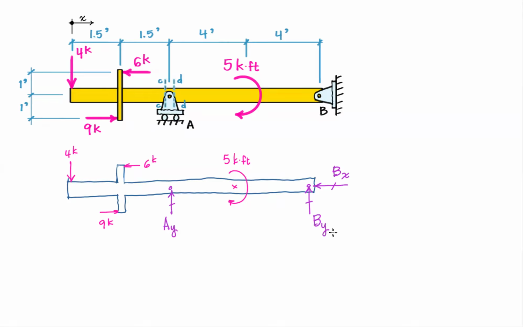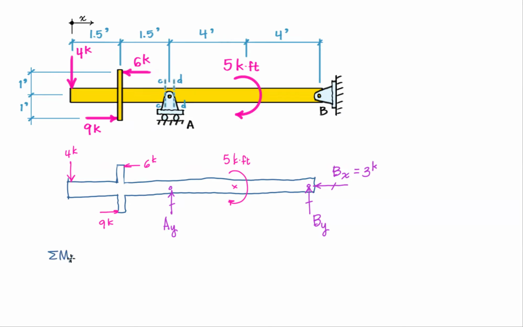All right, B sub x we can do by inspection. So I'm going to make that equal to 3 kips leftward to balance out the 3 net kips of load that's happening over here. And then for the verticals, I've got to do a moment summation. And I can pick either A or B, and I'll pick A for no real reason.